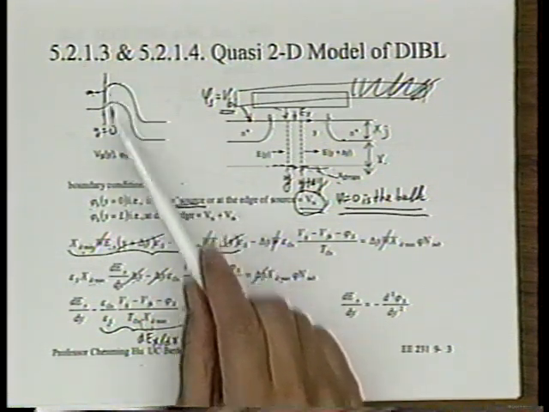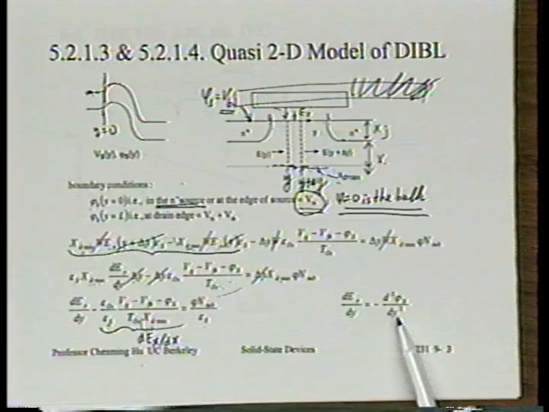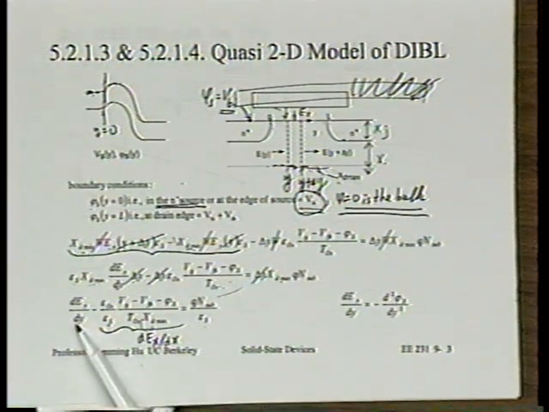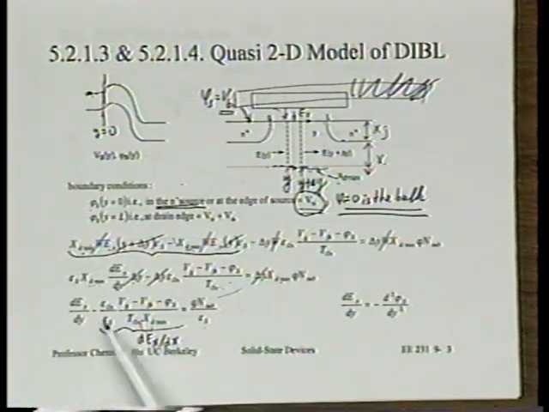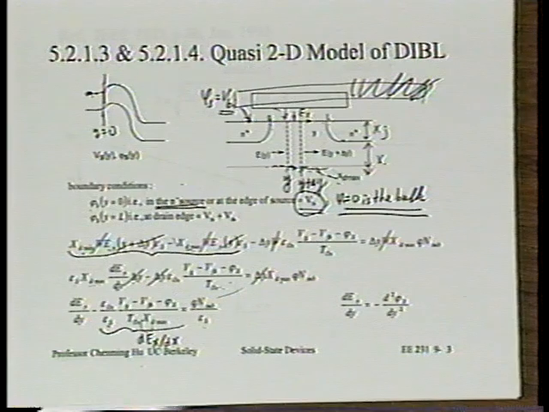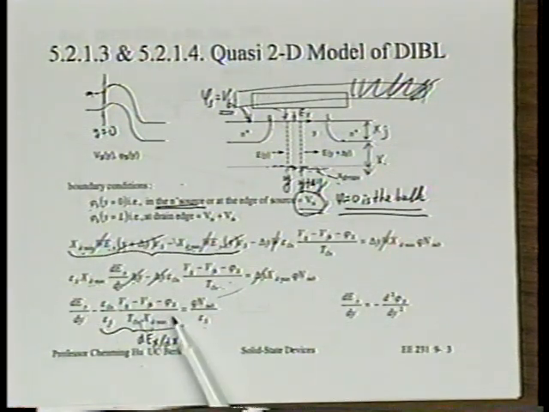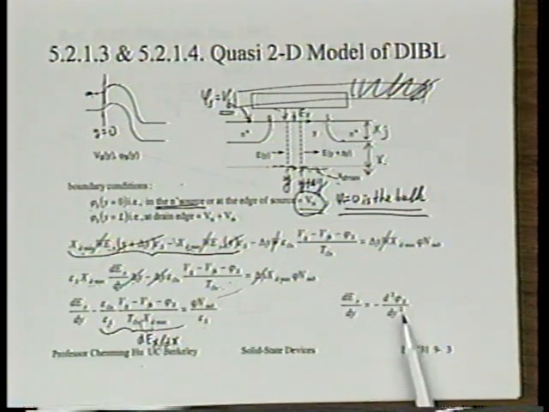So the Laplacian of this phi s gives us dEy/dy, right? If we make that substitution, you see this becomes a linear second-order differential equation in terms of phi s. Is that right? And in fact, you even know the general solution. The general solution is just an exponential function, phi s is an exponential function of y, that's all. Or hyperbolic sine and cosine.